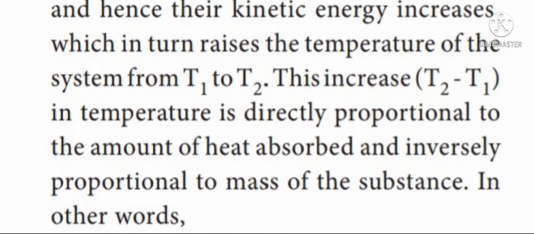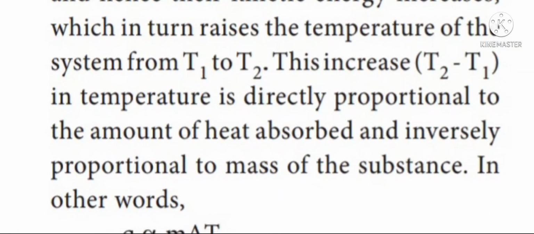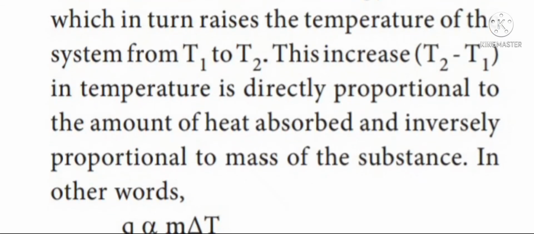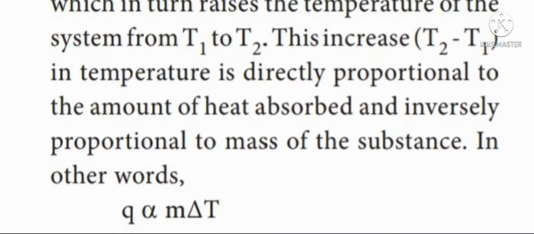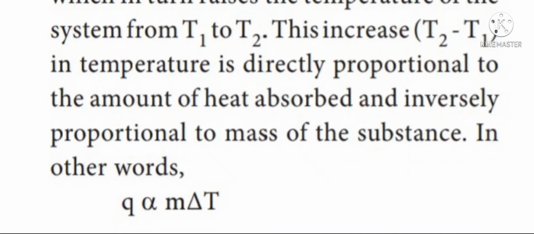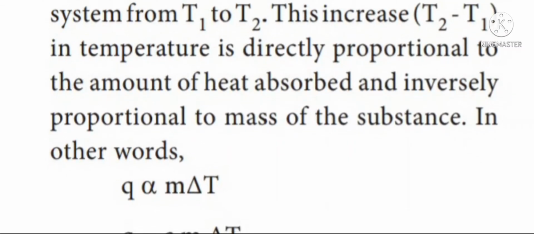When heat Q is supplied to a system, the molecules in the system absorb the heat and the kinetic energy of the molecules increases, and also there is an increase in temperature of the system from T1 to T2.